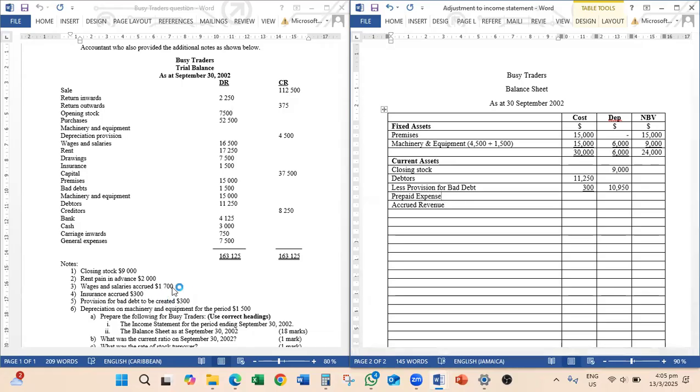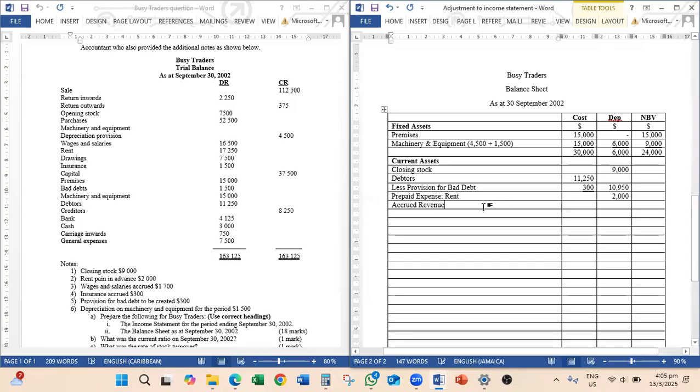Prepaid expense in this case would be rent paid in advance. So in this case, it would be rent. There is no other prepaid expense. If you had other prepaid expense, you could have opened a bracket and put all of them there. So the rent is $2,000.